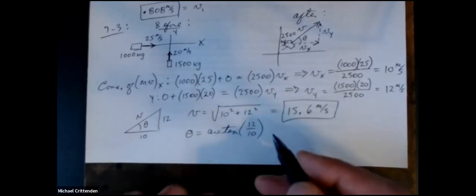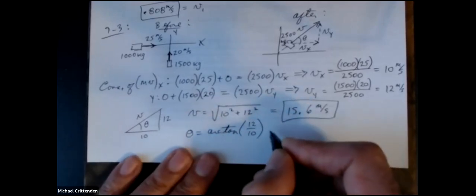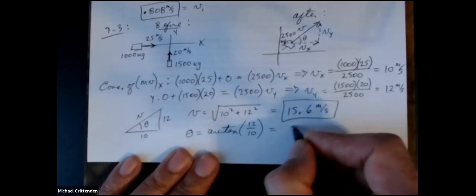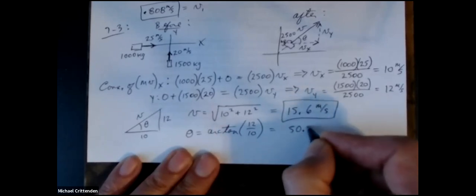So the inverse tangent of that would be the angle theta, and that comes out to that. And that's what I had to say to you about momentum, but there's a little more to section 7.